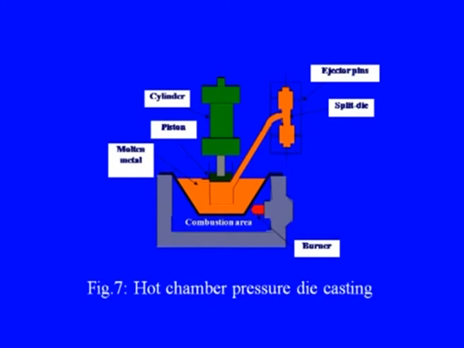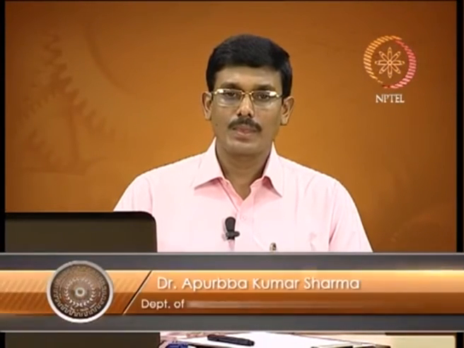The arrangement has a gooseneck shape through which molten metal is sucked from a reservoir and fed to the cavity by hydraulic force.